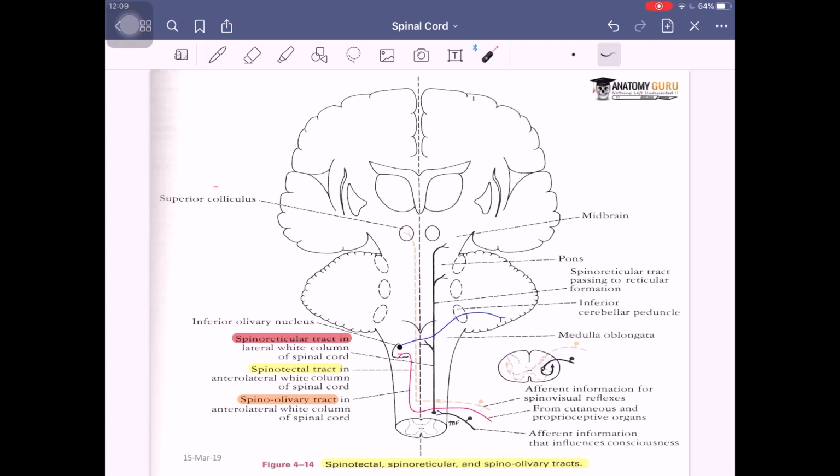And finally the reticular formation. So reticular formation is present throughout the brainstem. So here the reticular formation, you can see this is your starting, again this is from the conscious. That means this information, it is responsible for our consciousness, awakeness, alertness. So this pathway starts in spinal cord, goes up without crossing.